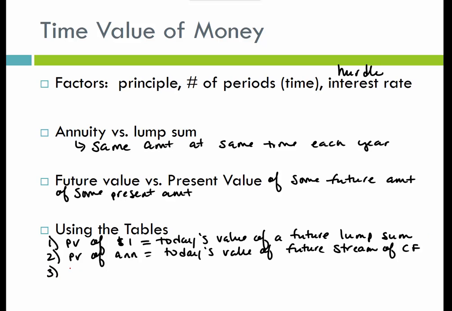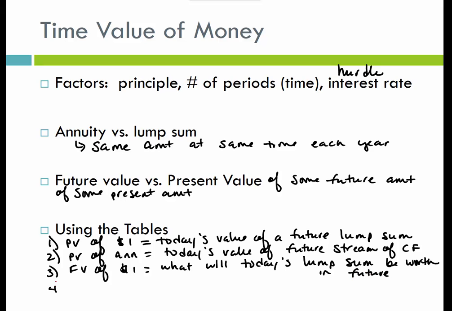And then table 3 is the future value of $1. So what will today's lump sum be worth at some point in the future? What will $1 today or $1,000 today or whatever it is be worth?